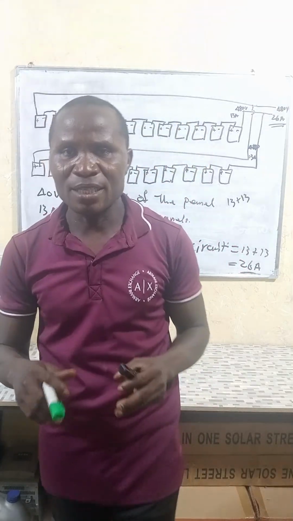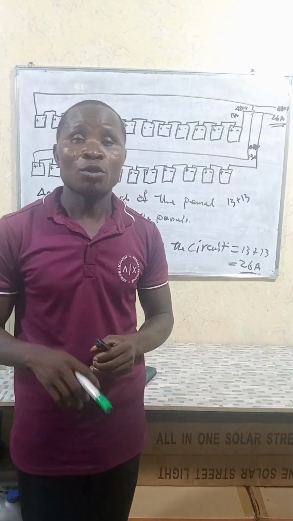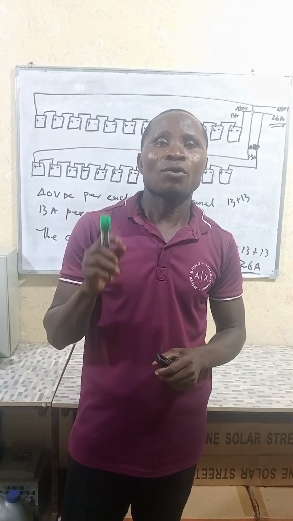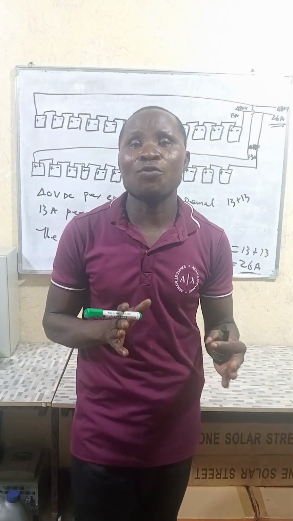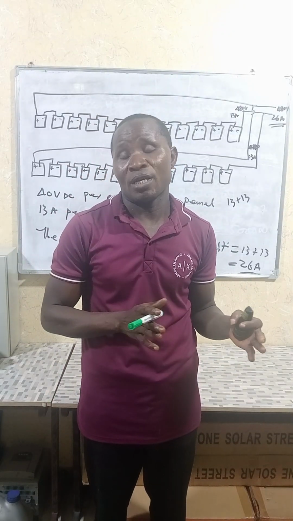The voltage at maximum power is from 18 volts to 22 volts for a 12 volt system, and for a 24 volt system is from 36 to 38 volts. So if you are connecting it to a charge controller of 12 volts, it can go.